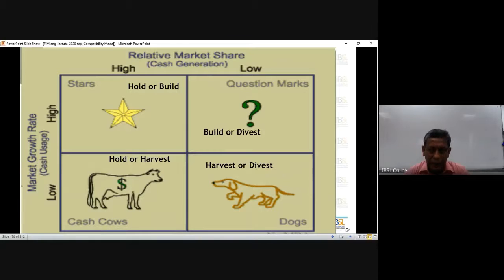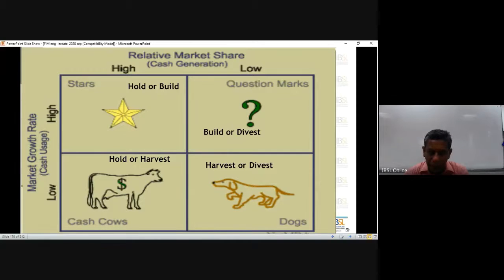Now, this was developed by Boston Consulting Group, American university researchers, and they identified, based on two factors, market share and market growth, your product portfolio in your organization. Product portfolio means the products available for market can be put into four quadrants, based on the two criteria, market share and market growth.